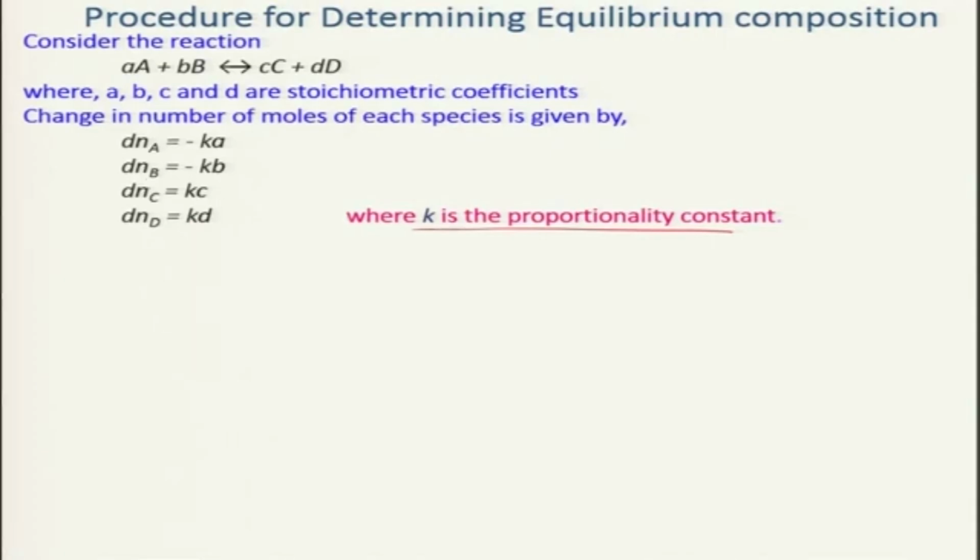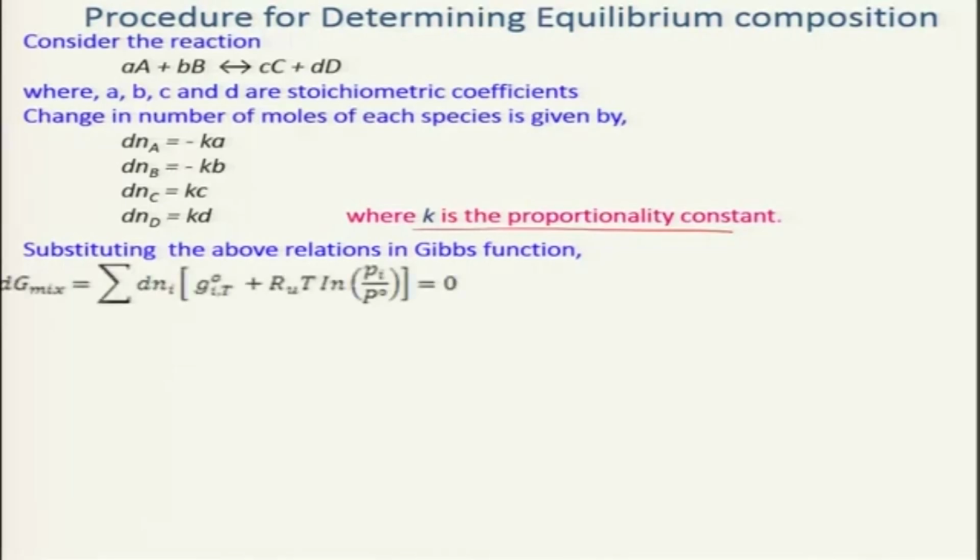This is from the law of mass action, and using this we can substitute these relations into the Gibbs function that we had derived, that is the change in Gibbs function, and we can put this over here.